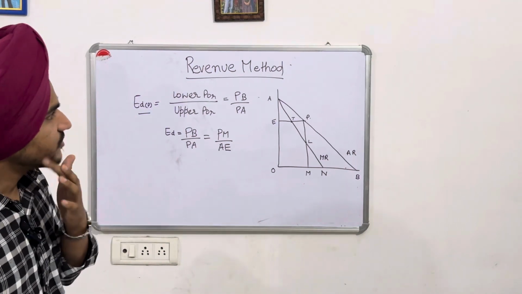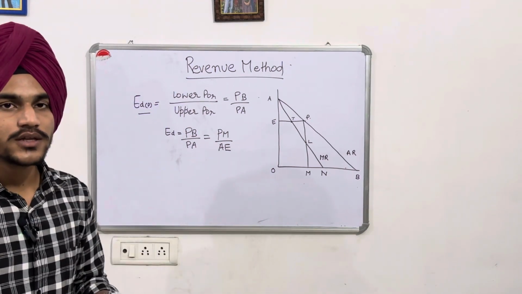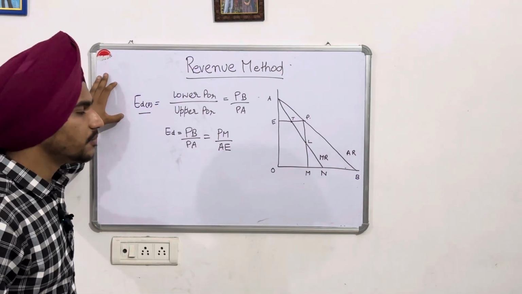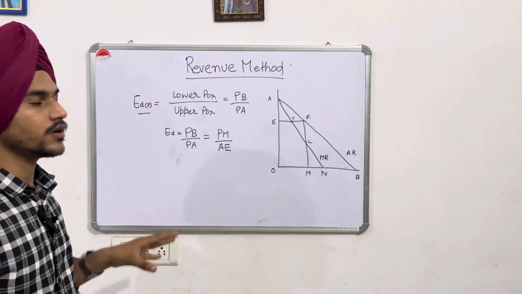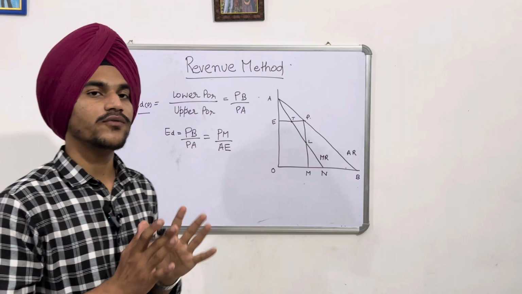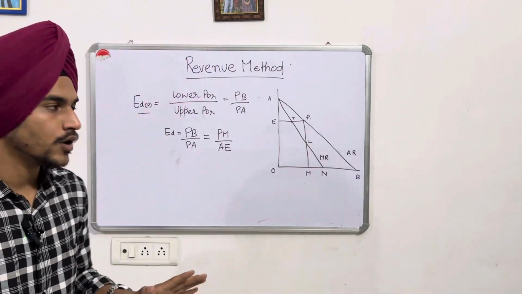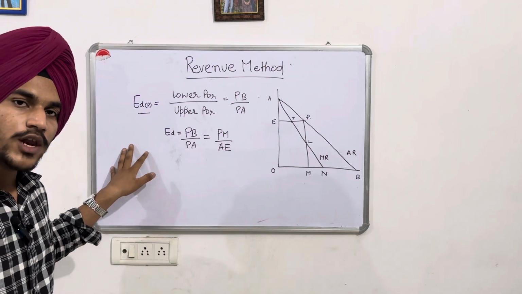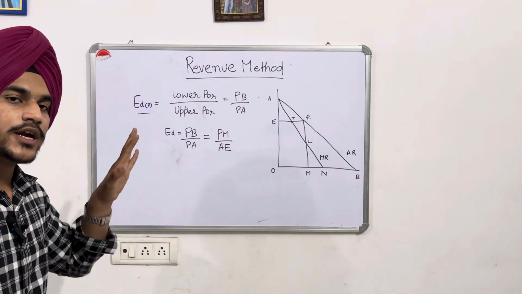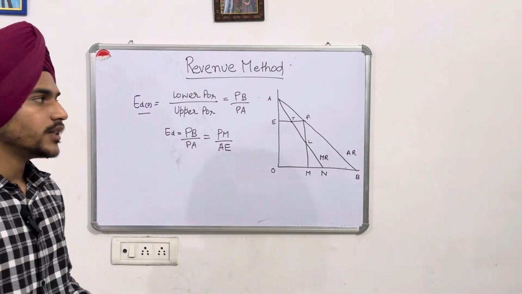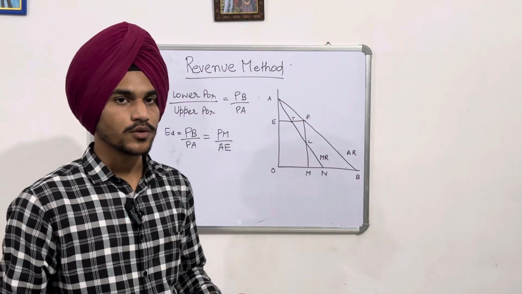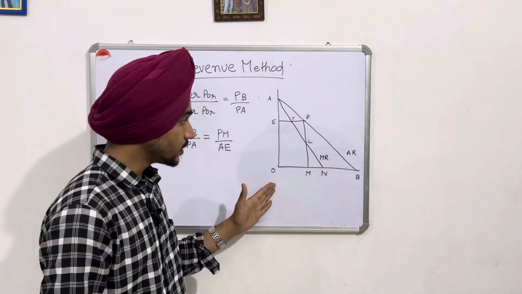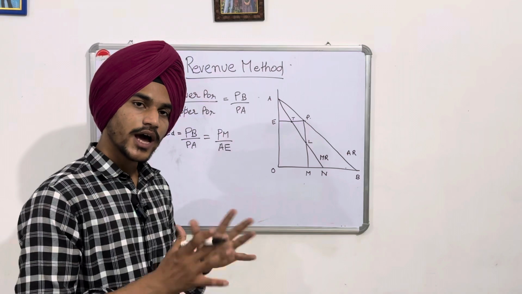So that is why we are deriving this point elasticity method into a revenue method, because revenue curves are very important in economics. Okay, firstly let's derive the formula of the revenue method to find the price elasticity, then we will see what it is. Okay, so first let's understand the diagram.